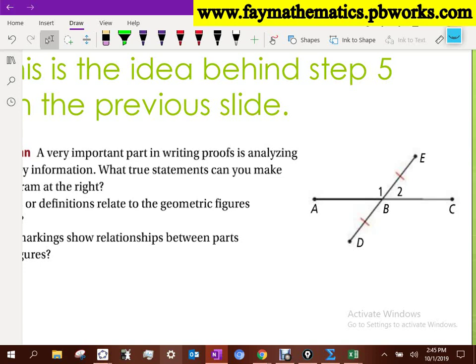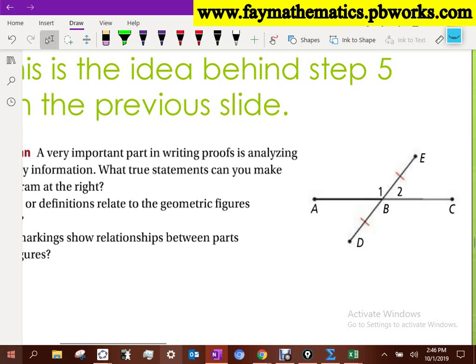If I look at AB and BC, do they look equal? We don't want to say that until we are provided information that indeed AB is equal to BC. But there are a handful of things that we can tell, and we'll get a little bit of practice at that.